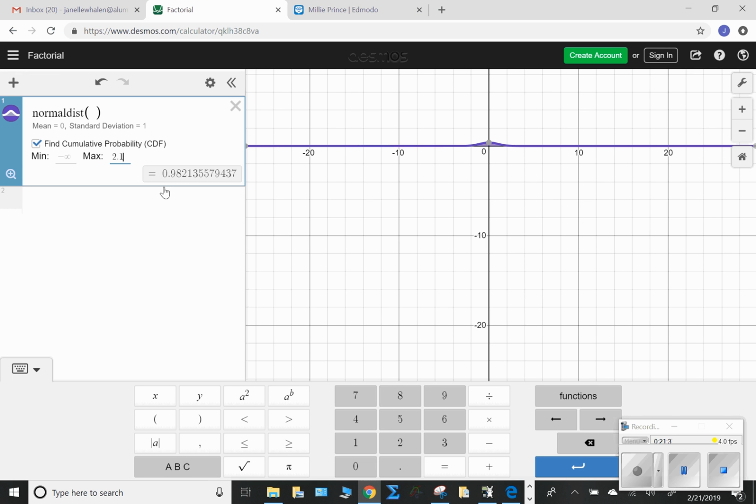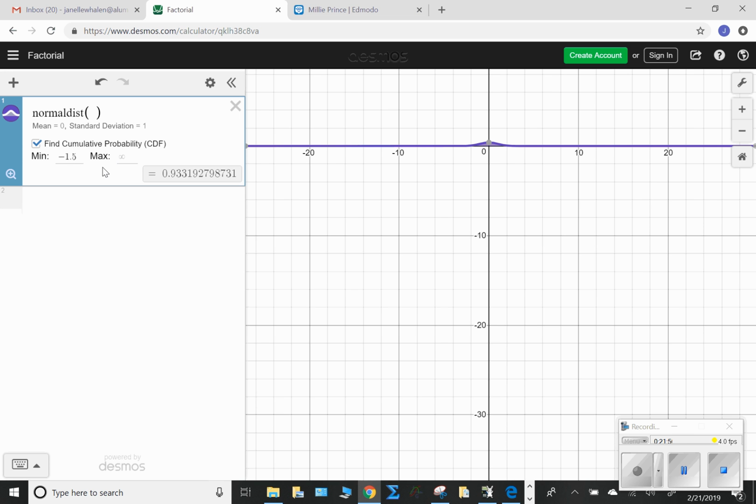There's my answer. If you look down below, you want to know what's the probability that's greater than negative 1.5. Well, here, negative 1.5, and here, okay, the probability that it's greater than negative 1.5, I've got that.